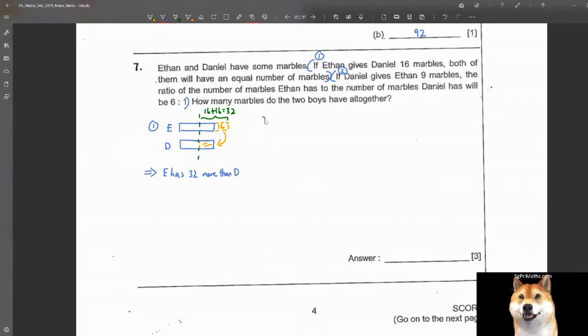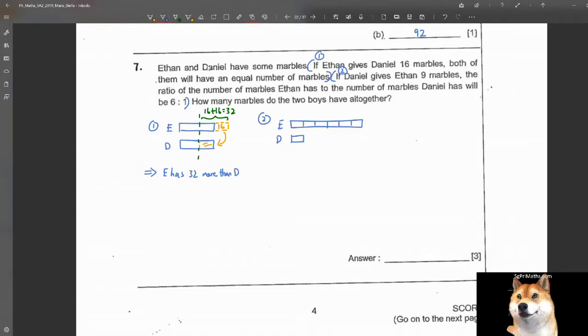Okay, then we look at the second scenario. So the end result is 6 units to 1 unit. Let's draw a bar model. Daniel has 1 unit.